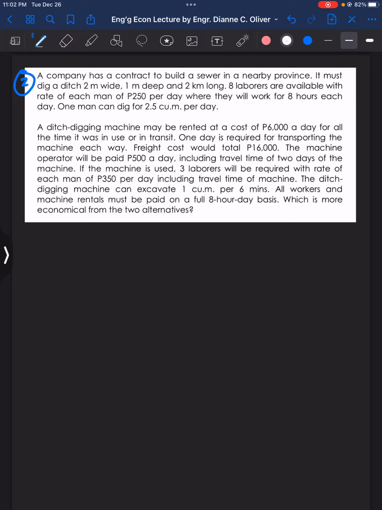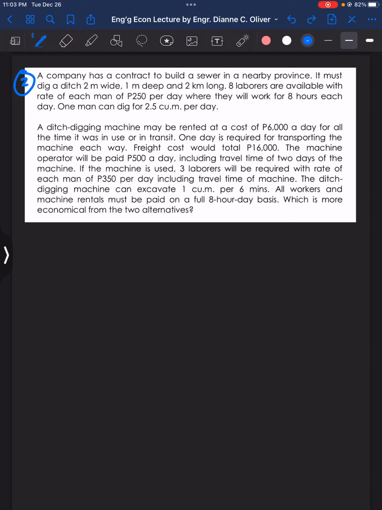So here we have 2 alternatives. The first one is manual labor. So this manual labor will require 8 laborers, whereas for the second alternative, we will use a machine, a ditch digging machine. So which is more economical from these 2 alternatives? So first, we need to determine what is the required volume.